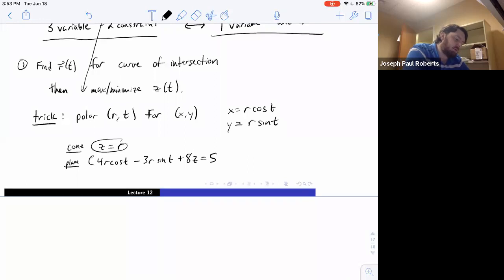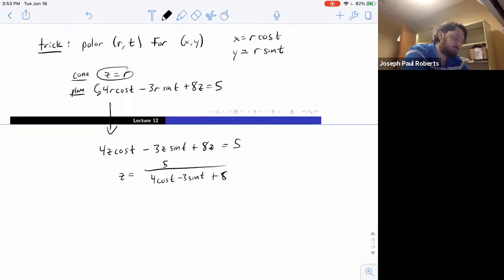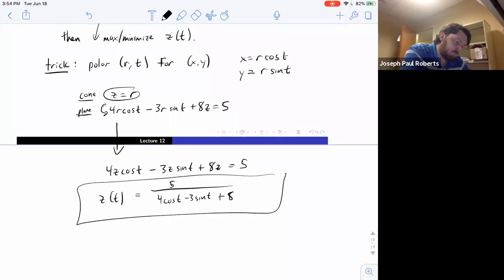But if I plug the cone equation into the plane equation, I get 4z cosine t minus 3z sine t plus 8z equals 5. So I could solve for z of t: 5 over (4 cosine t minus 3 sine t plus 8). And this would be the z of t that I would be interested in.